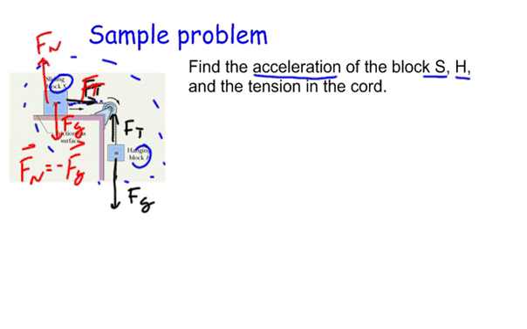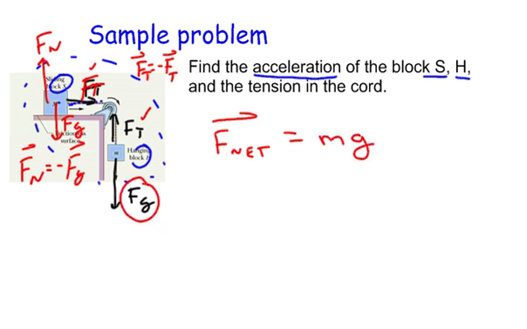And we know that the tension force pulling block S is equal but opposite to the tension force pulling block H. So those tension forces, here and here, in the whole system cancel each other out. So the net force is just the force of gravity, which is little mg. And that net force is what's accelerating our whole system.